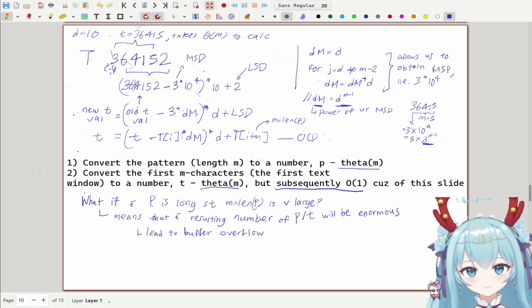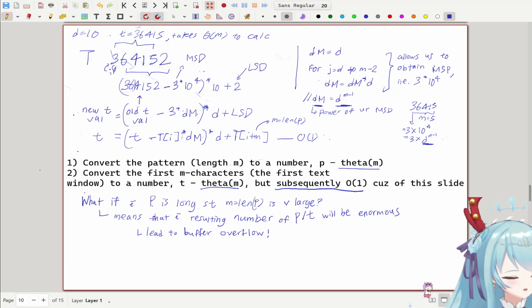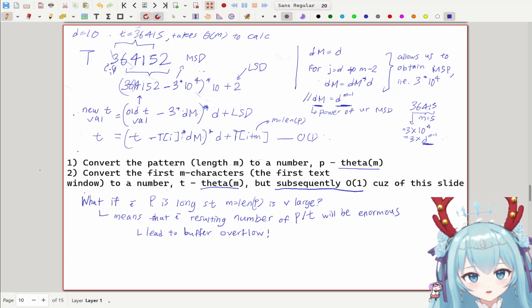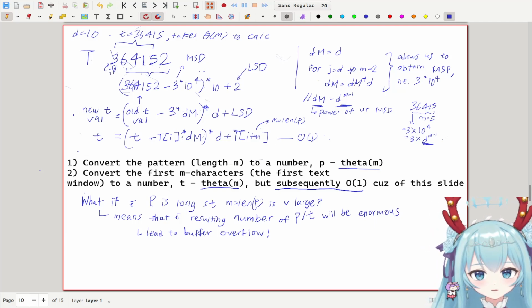Because remember, we can't store super large numbers within buffers, which are basically temporary places that we use to store values.